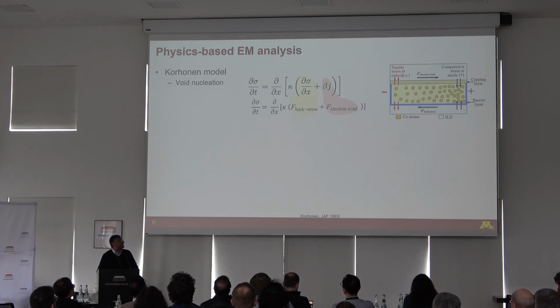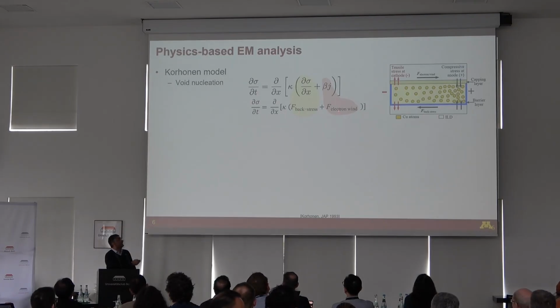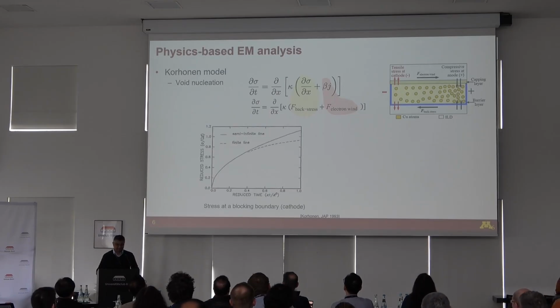What that also means is that you can actually do things more easily in this. So for instance, there's a physical meaning to each of these terms. This is the back stress force because of the concentration gradient. This is the electron wind force, which is actually a negative sign not shown here, and they oppose each other, and at balance, this actually ends up becoming a sort of DC condition.